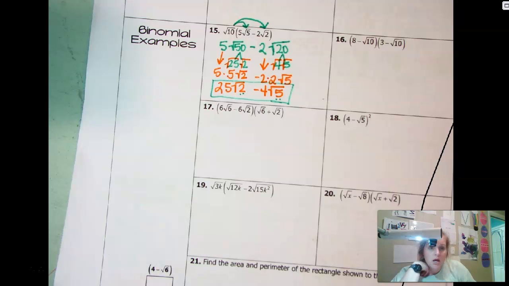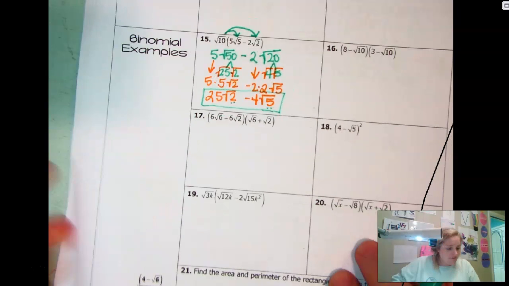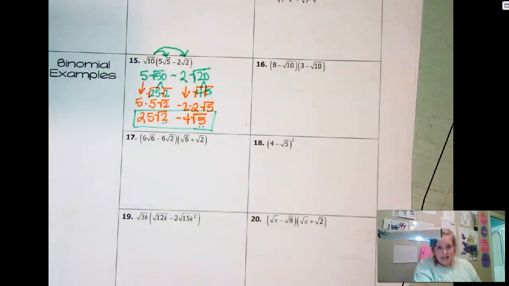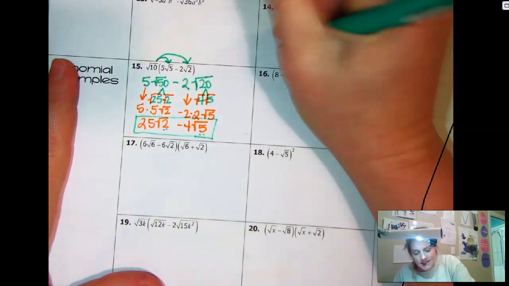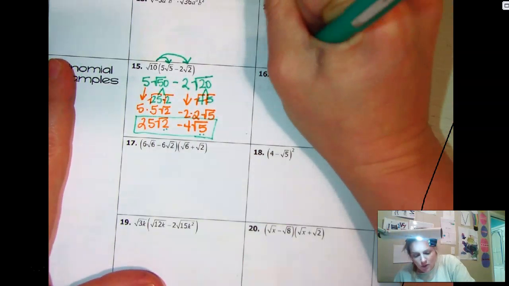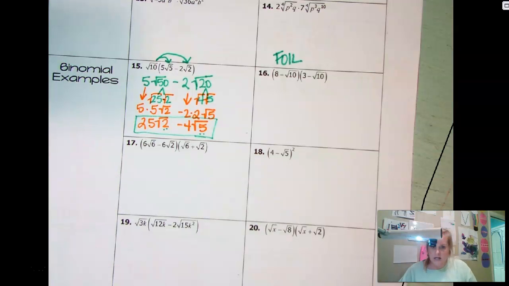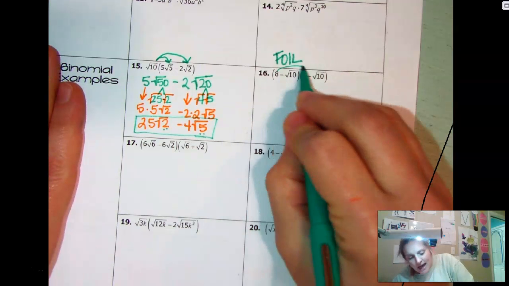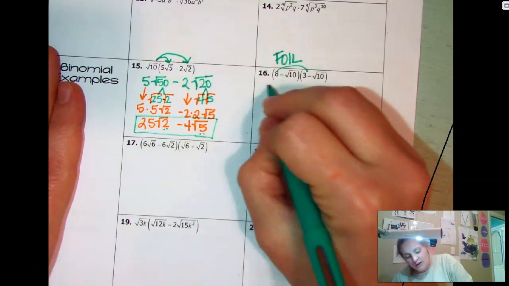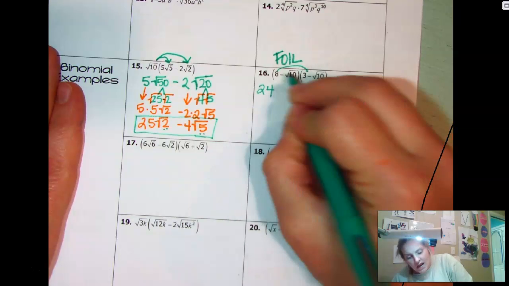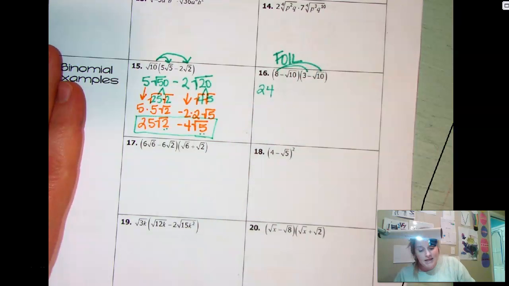Okay? Now, number 16. If we look at number 16, this is where we're looking at our binomial times a binomial, which means I am going to have to do FOIL, first, outer, inner, last. So I'll be multiplying 8 times 3, which gives me 24. Then I'm multiplying 8 times negative 10.